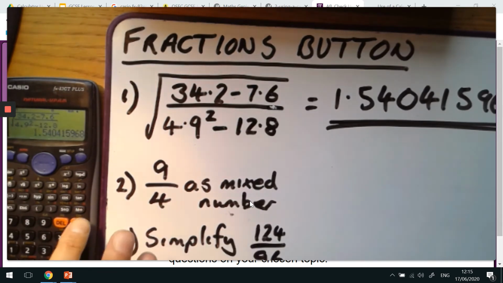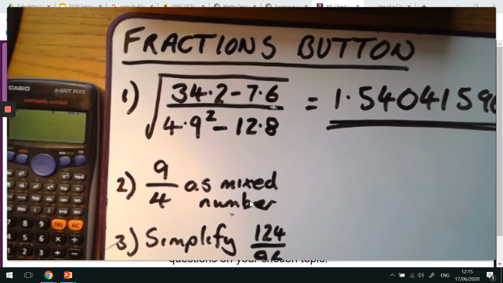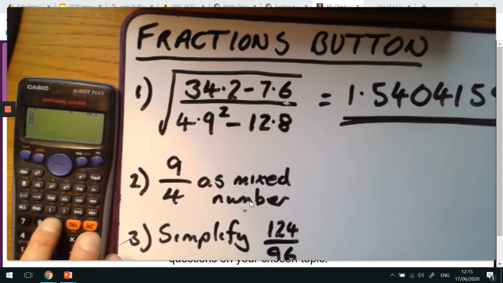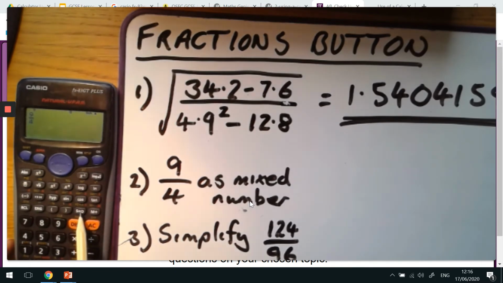So I'm going to clear my display, and I'm going to press my fractions button once again. Okay, I'm going to do 9, and I'm going to do my arrow down, and I'm going to press 4. Now, there's a button on here that you may not have looked at before, and above this button here where it says SD, there's a little convert between mixed and improper.